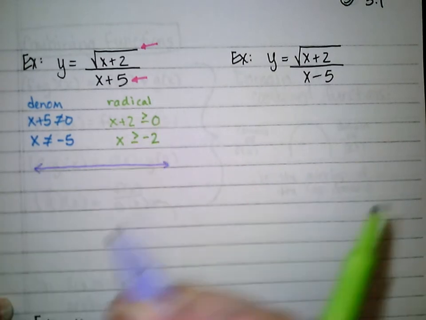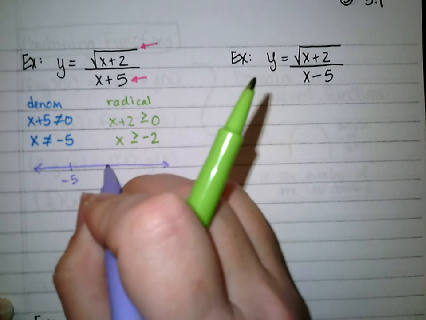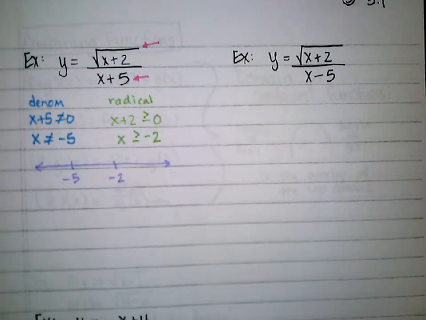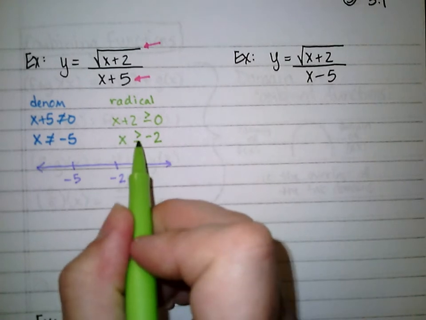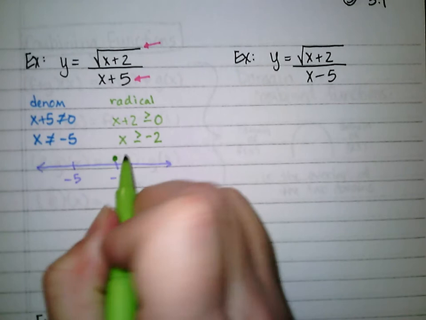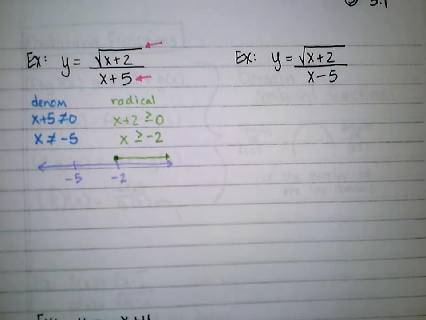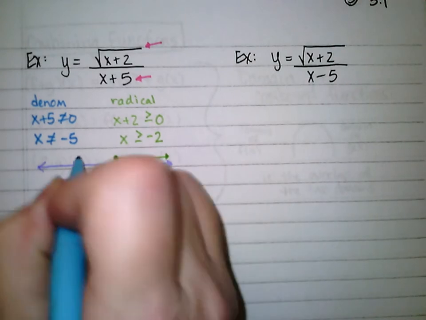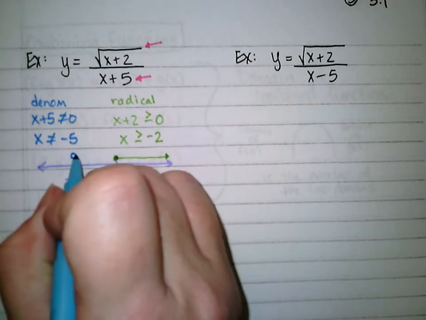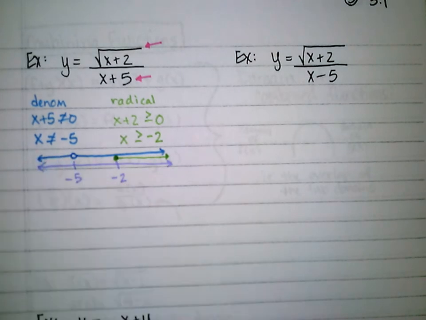So here is -5, and here is -2. Now this part of our domain, x is greater than or equal to -2, would go -2, including, and then greater. And then x cannot equal -5. That's going to be an open circle at -5, and then everything else would be included.